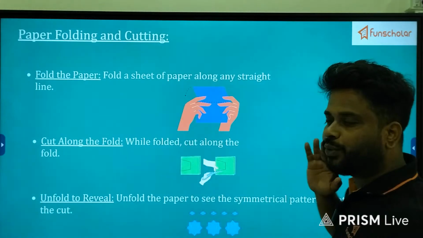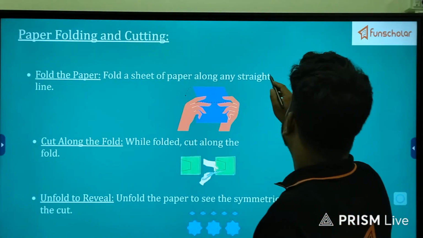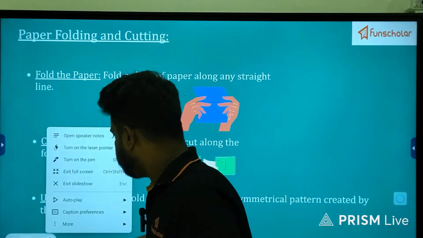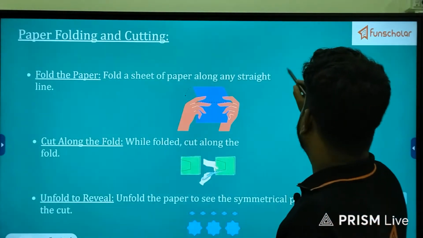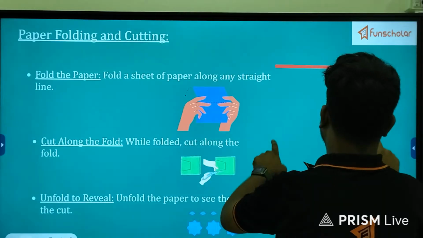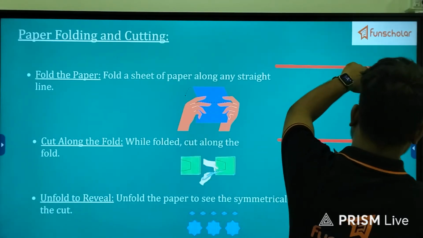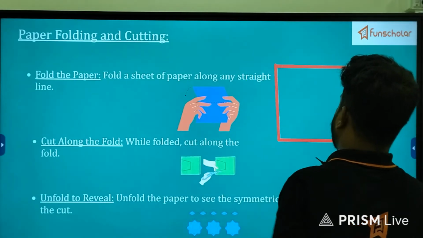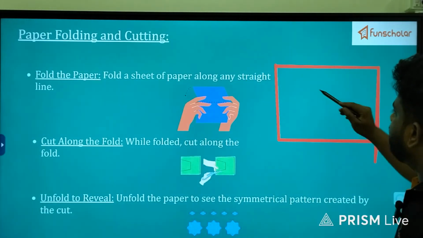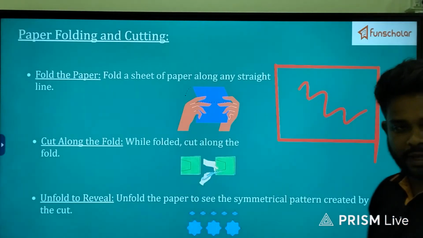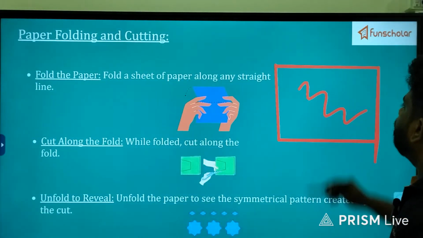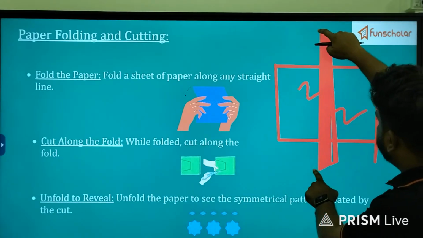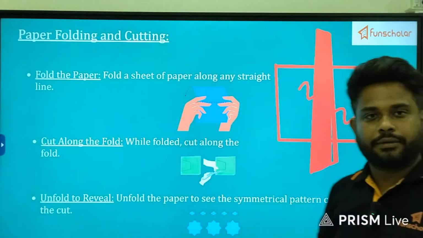Okay, so what you have to do is take a paper like this, and draw something here. And after that you have to fold the paper from the middle.